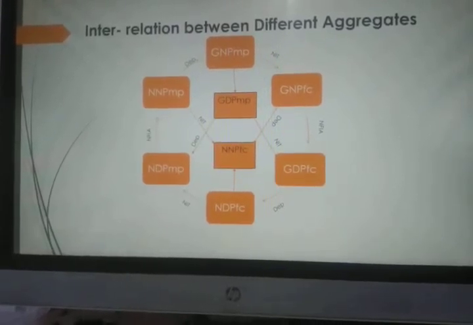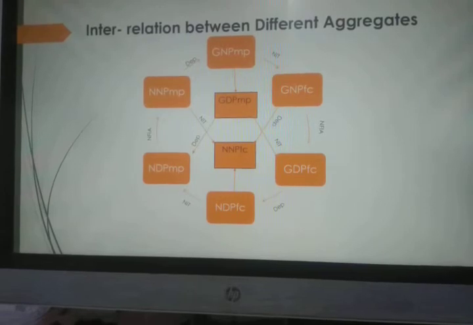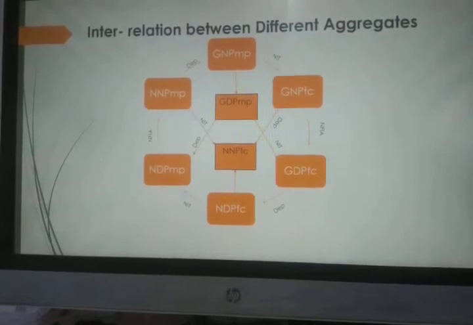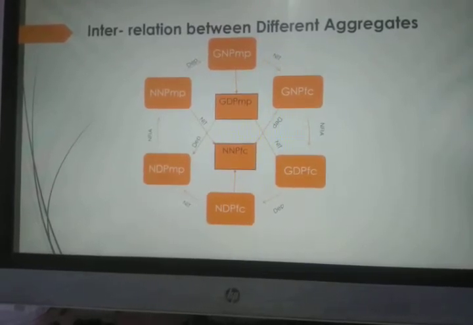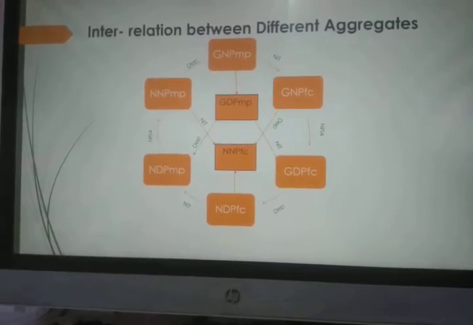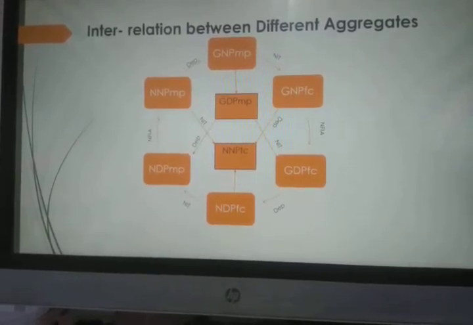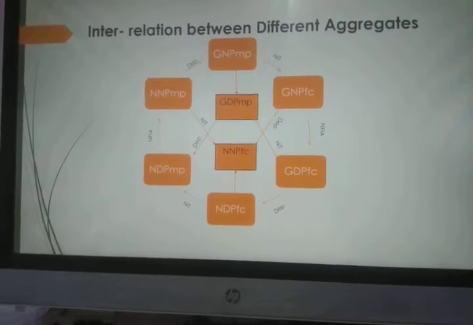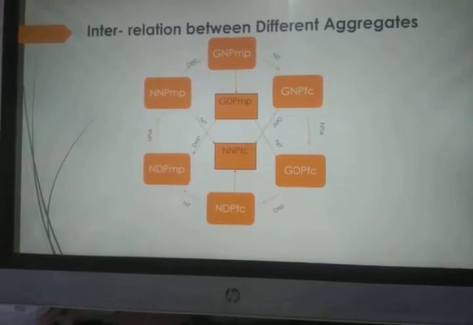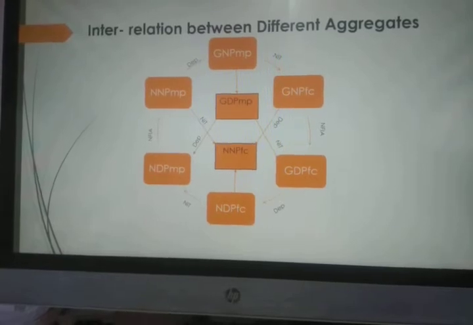Now from NDP FC, we want to move to NDP MP. We are at NDP FC, that is domestic income, and we want to arrive at NDP MP. Now we are at factor cost and we have to arrive at market price. So what we have to do, we have to add NIT.